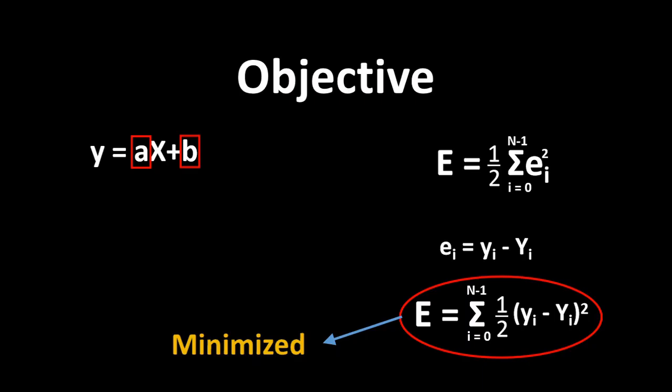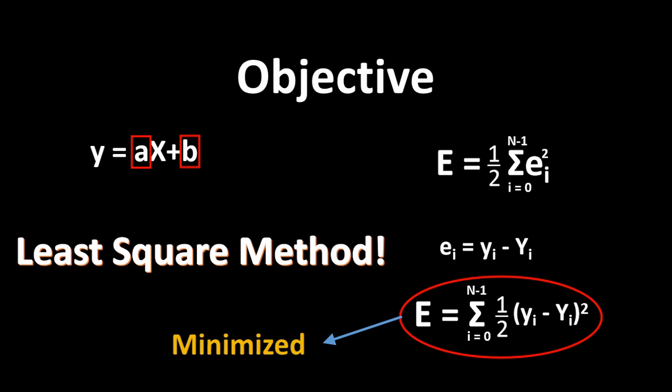So in our previous video, we have seen how to calculate the optimum value of the parameters a and b, that is the slope and the intercept of the line y equals ax plus b, by minimizing the cost function using the least square method. But the direct matrix formula for the least square method works fine only when we are dealing with a small number of data sets.